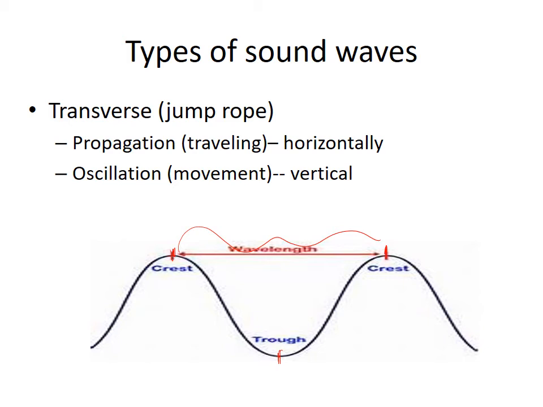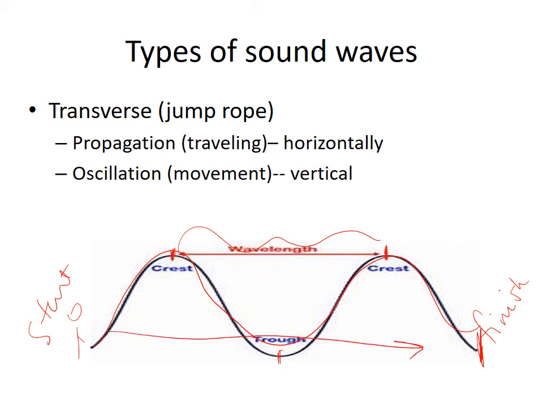If we say that this is the start and this is the finish, and it's a jump rope with a guy standing here holding this end and this side attached to the table, the propagation, the way it travels, is in this direction.